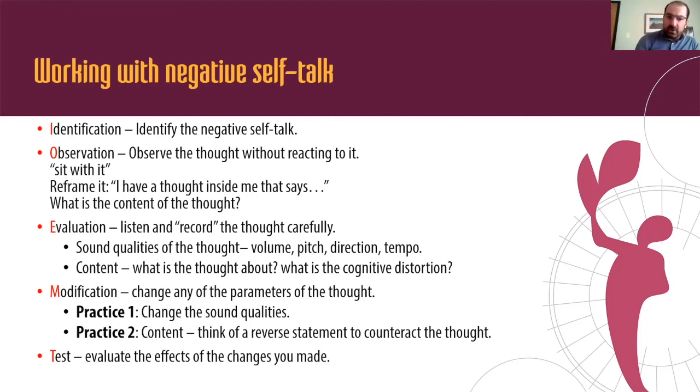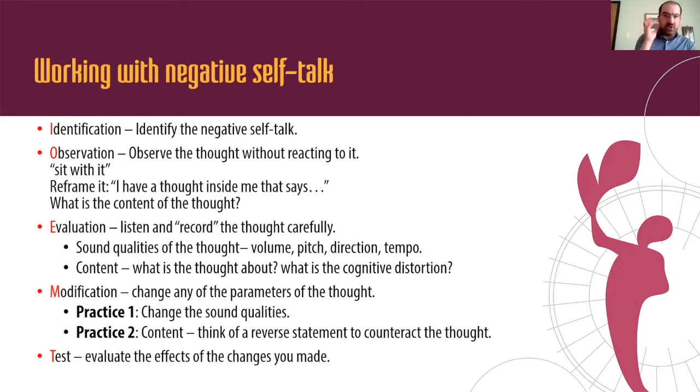Once we observe, we want to evaluate. We want to see what that thought is about, and we want to record that thought carefully. We want to identify, when we repeat that thought in our minds, how exactly we hear the thought. Is there a specific volume to that inner thought?